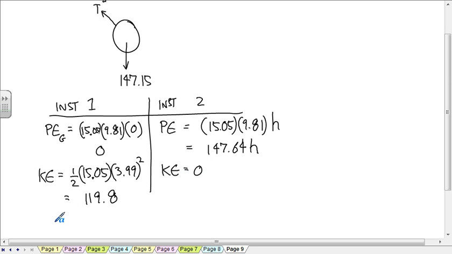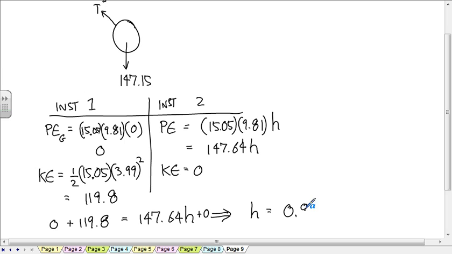So conservation of energy says 0 plus 119.8 is equal to 147.64 H. So what do you get for H? So 0.81 meters.